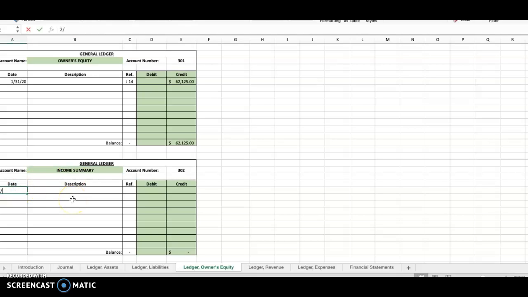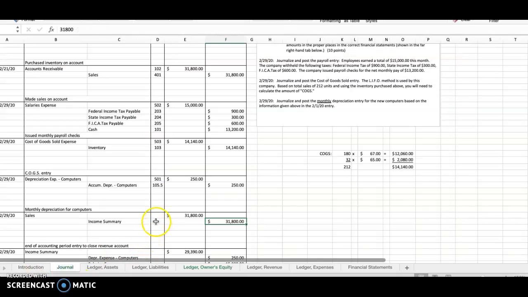This is a temporary account, and if I debited sales, then I need to credit Income Summary. It now has a credit balance. It's very temporary, but that's where it is right now. And that is account number 302. So back in our journals, I think sales was 401. This is 302. So we've closed sales. We've taken money out of sales, put it temporarily into this Income Summary account. So sales now has a 0 balance.